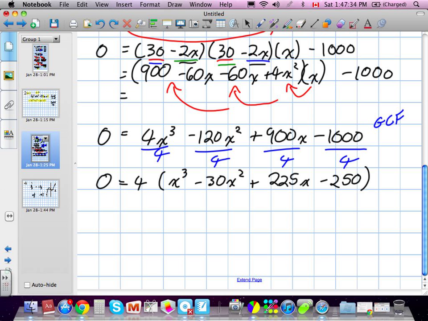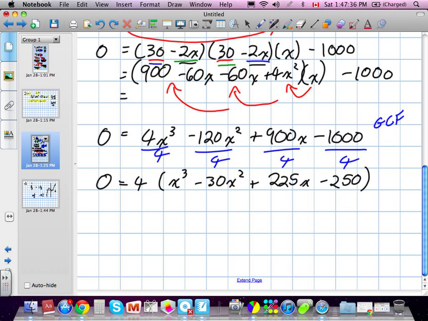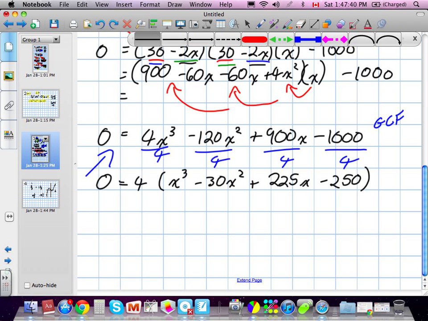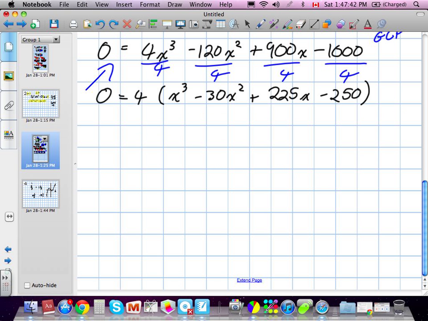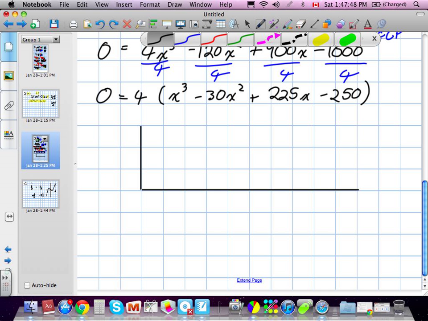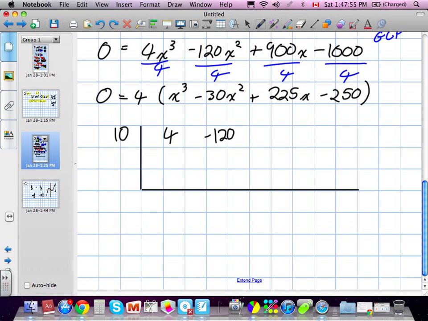Okay, so going back up here, we discovered that 10 is one of the factors, so we're going to use synthetic division for that. Because positive 10 worked, we have 10. So we write down our coefficients 4, negative 120, positive 900, and negative 1000.